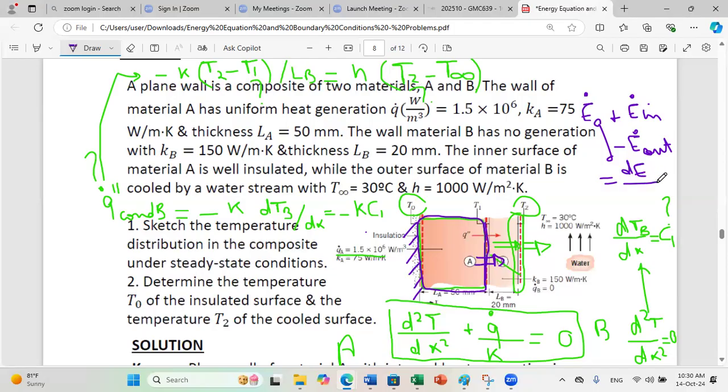But here it's a steady state application, so there is no energy storage in this case. Because of steady state, these terms cancel out, equal to 0.